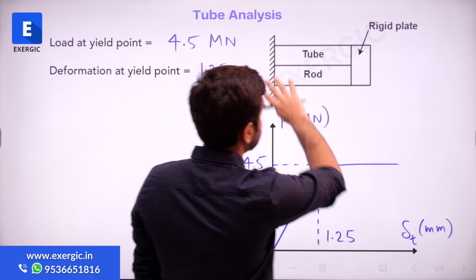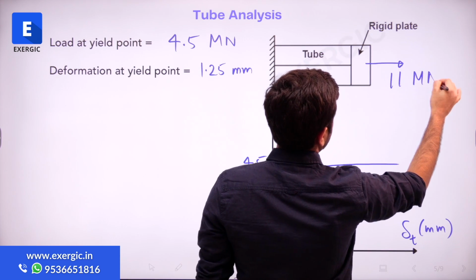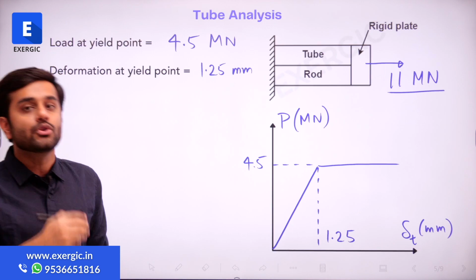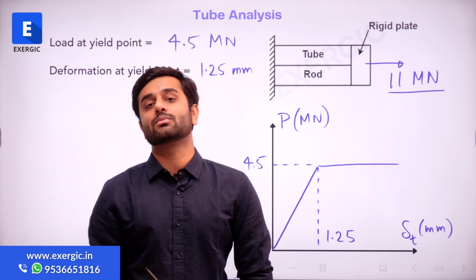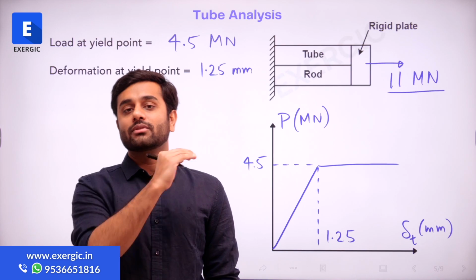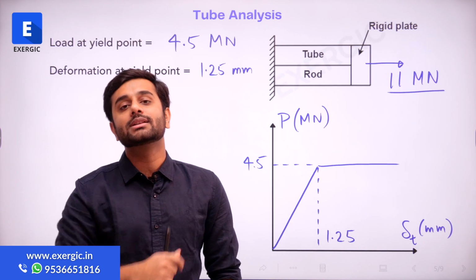So you have this system where you are gradually applying a load of 11 mega Newton, and now you tell how much is going to be the deformation of this body. Try to solve this from this point, right? Try to solve it, and meanwhile I am continuing the discussion.